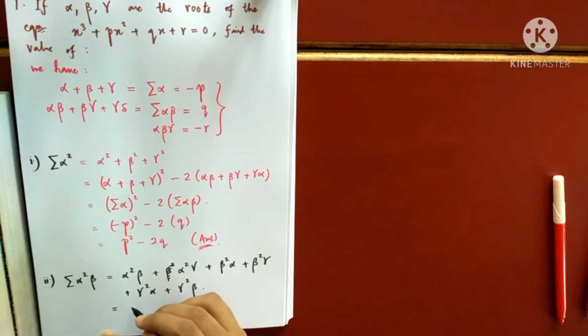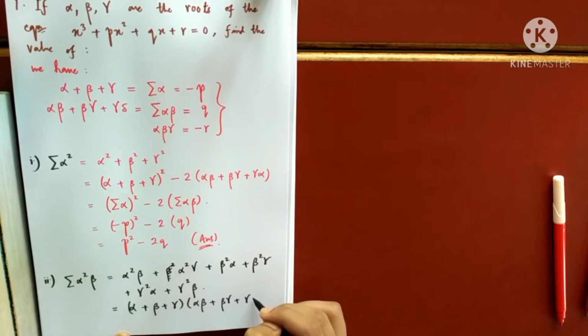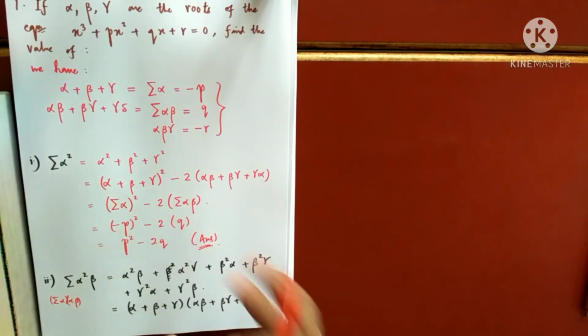So you take summation alpha, that means alpha plus beta plus gamma, with summation alpha beta, that means alpha beta plus beta gamma plus gamma alpha. Just think of this as summation alpha into summation alpha beta. This is what I have taken. Let's see what happens on simplifying.